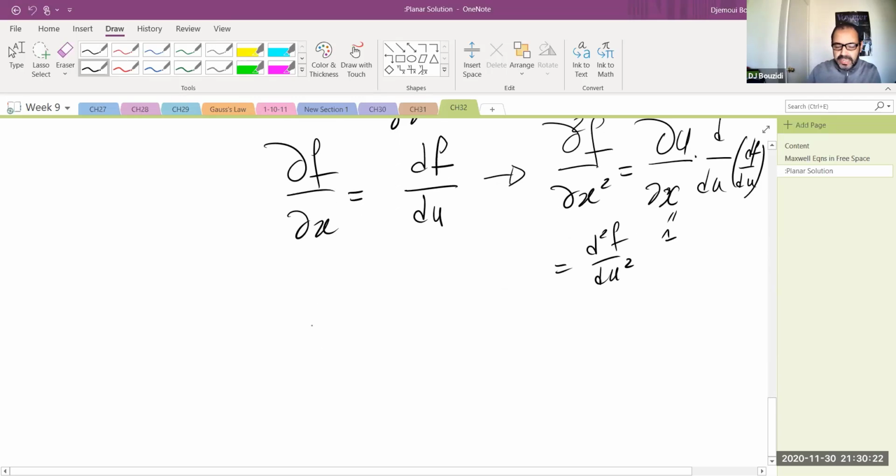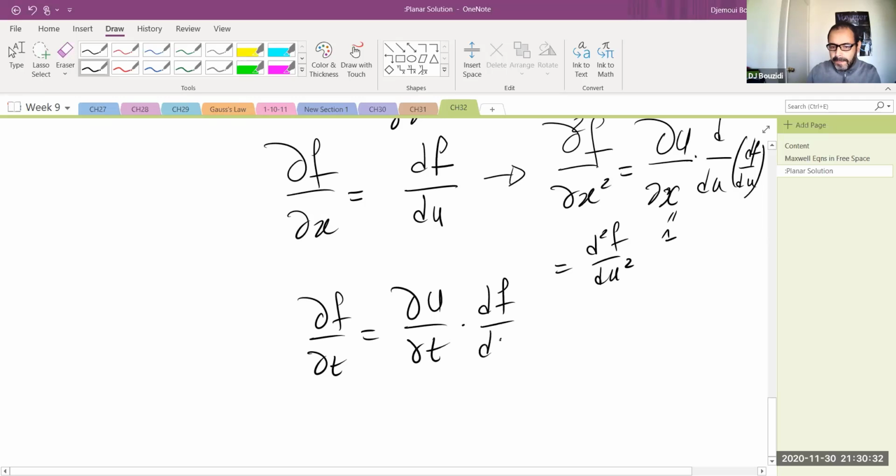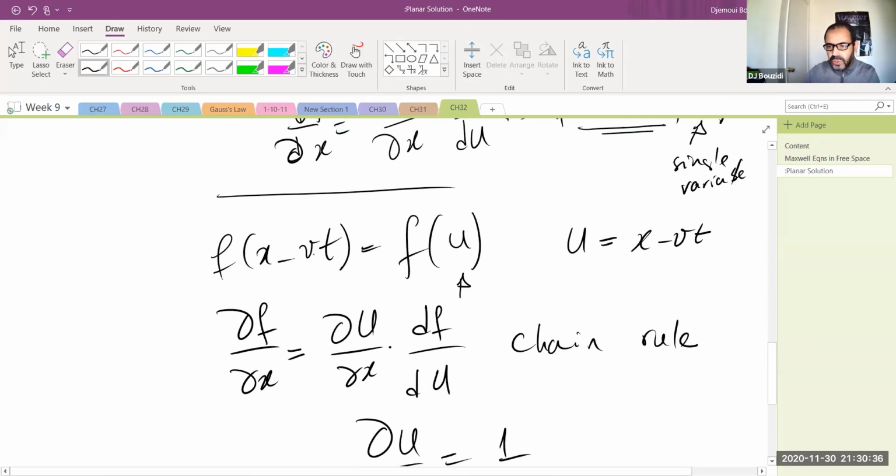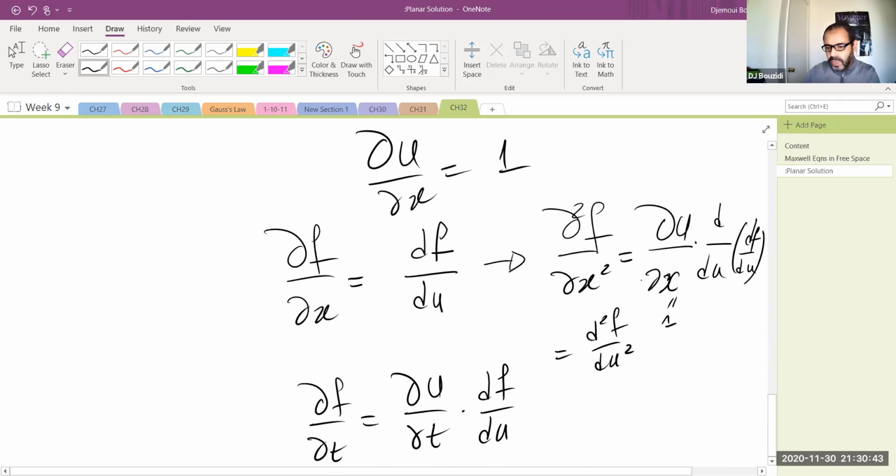What I'm going to say in this case is the derivative of f with respect to time is the same thing as the derivative of u with respect to time times the derivative of f with respect to u. Again, we're making a change of variable, where all of the behavior of this function is inside u, okay?